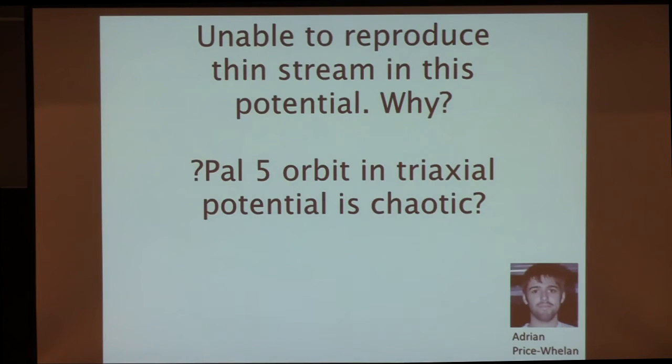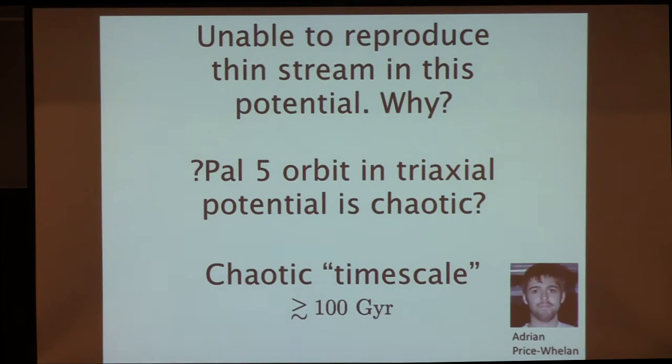to try and understand, can we attribute this to chaos present in the triaxial potential? And I'll talk about how we measure chaos in a little bit. But the bottom line is, the first experiment that Adrian did for the particular orbit of Palomar 5 in the triaxial potential that we had looked at suggested that the chaotic timescale for that orbit was of order 100 gigayears, in other words, 10 times the age of the universe.